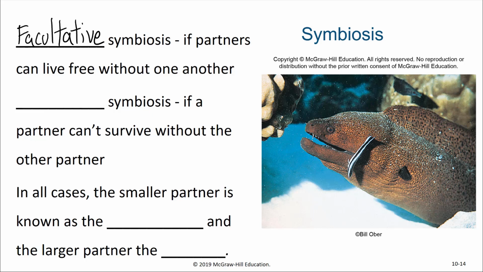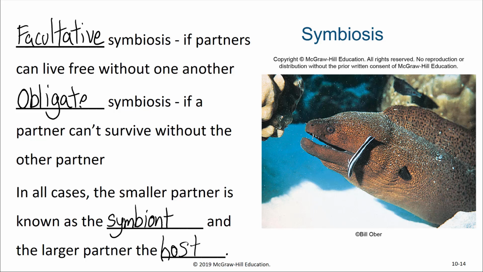Or it can be an obligate symbiosis. An obligate symbiosis is when a partner could not survive without their other partners. In all cases, it's the smaller partner that is known as the symbiont, while the larger partner is the host.